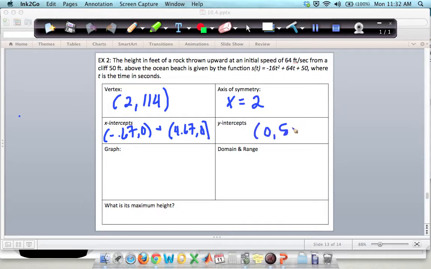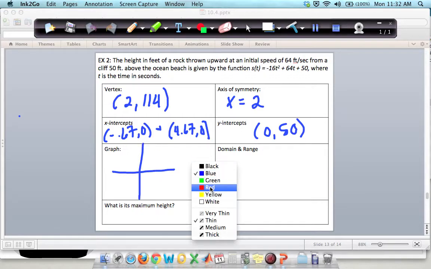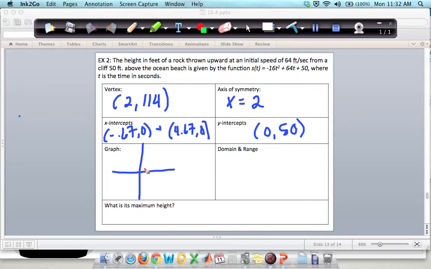Okay, so I'm going to do a rough sketch of this. So vertex is (2, 114), and there's 114.